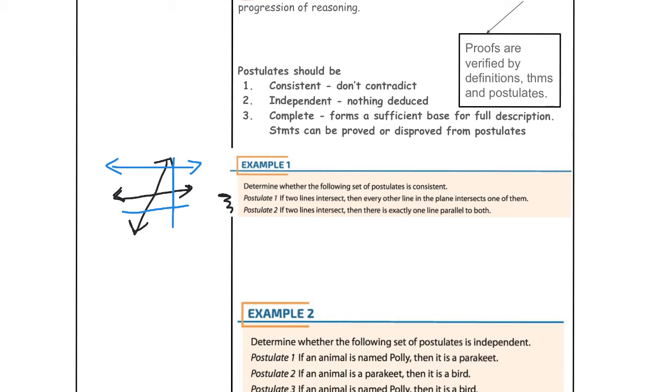I cannot draw a line in blue that is parallel to both of the black lines. Because of this, they are contradictory, and thus inconsistent.